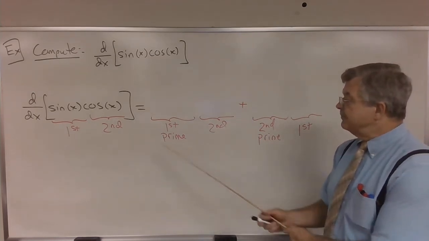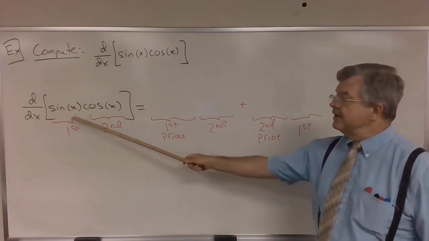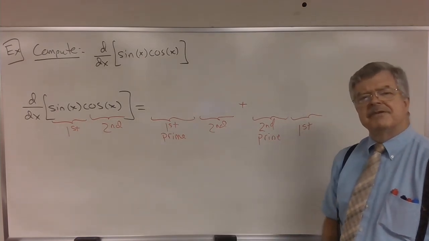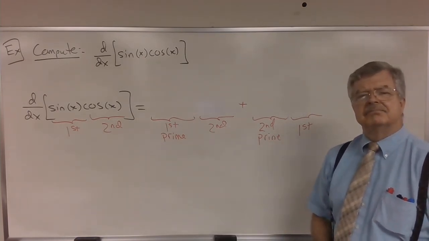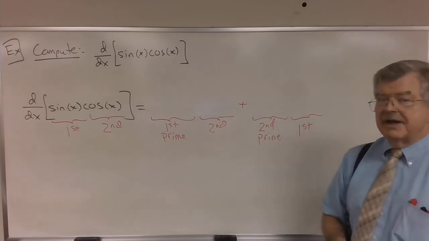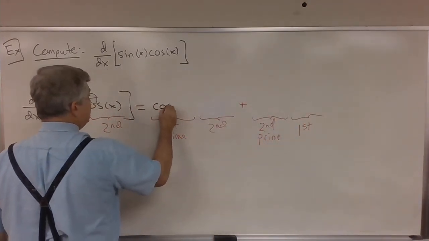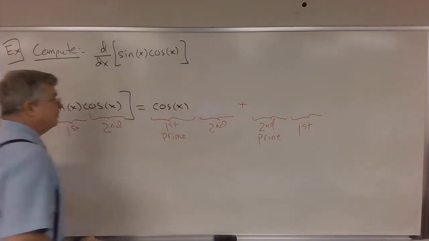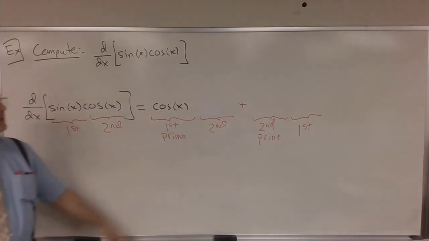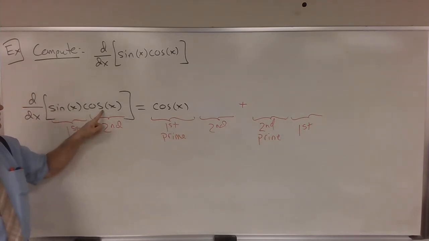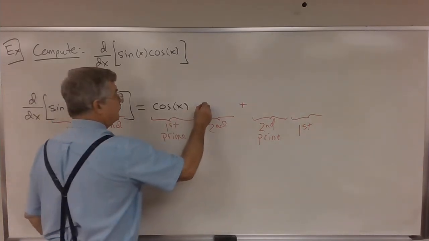First prime. So we want the derivative of the first function. And what's the derivative of sine of x? It's cosine of x, right? Okay. So we have cosine of x. And then we have the second function verbatim, cosine of x.